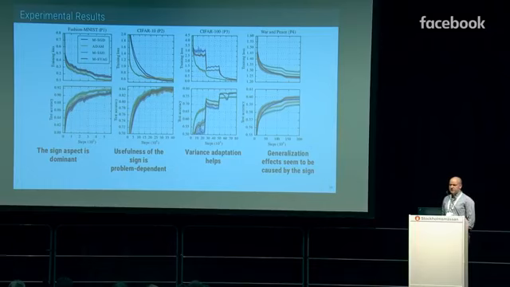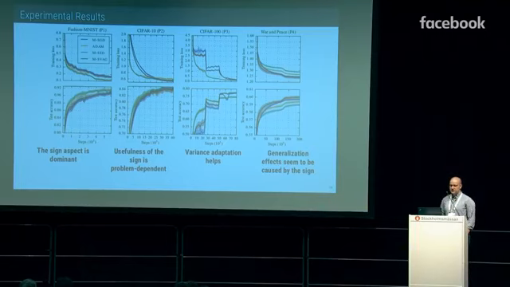Okay, second observation is that the usefulness of the sign is problem-dependent. That's pretty obvious. The sign-based methods are much better here, but they are, for example, worse here. And the theoretical part that I basically skipped has some ideas what might be the reasons for this.